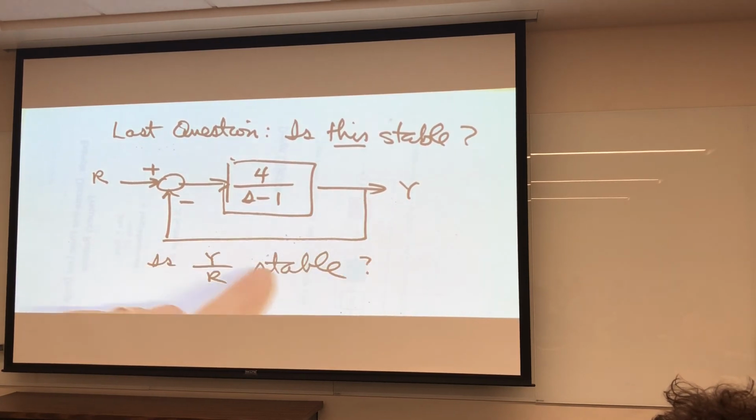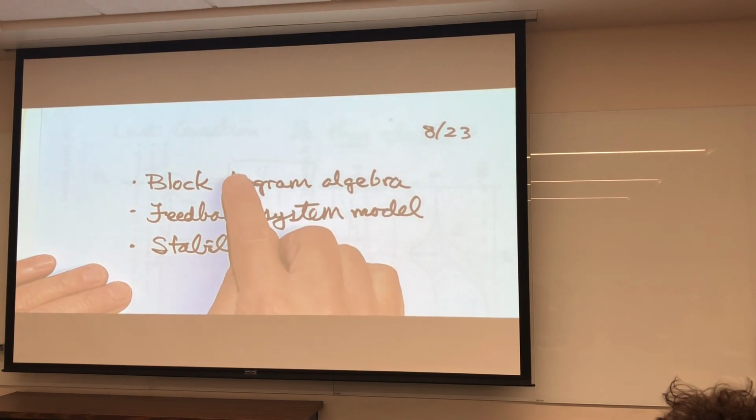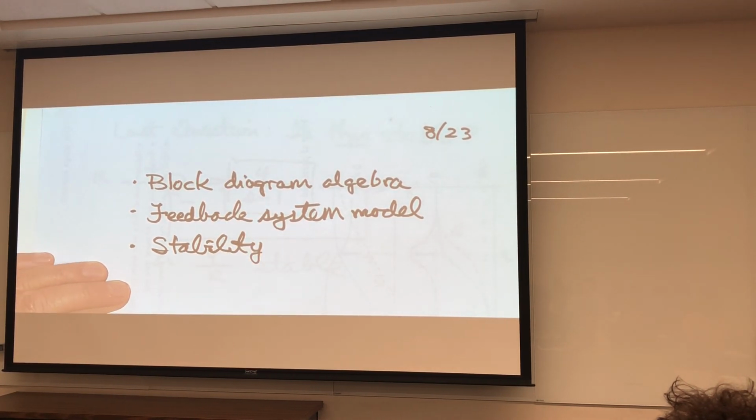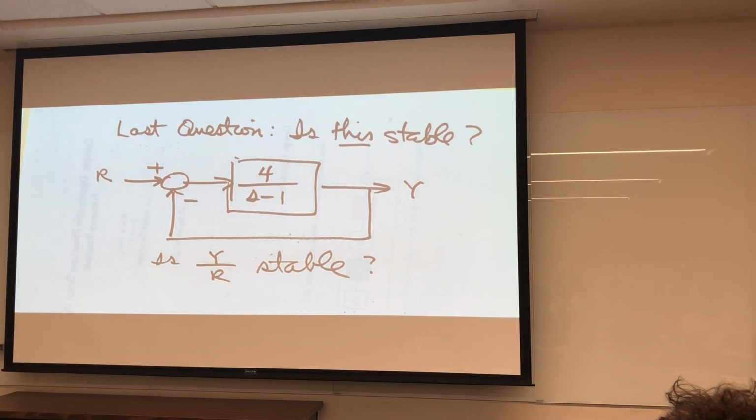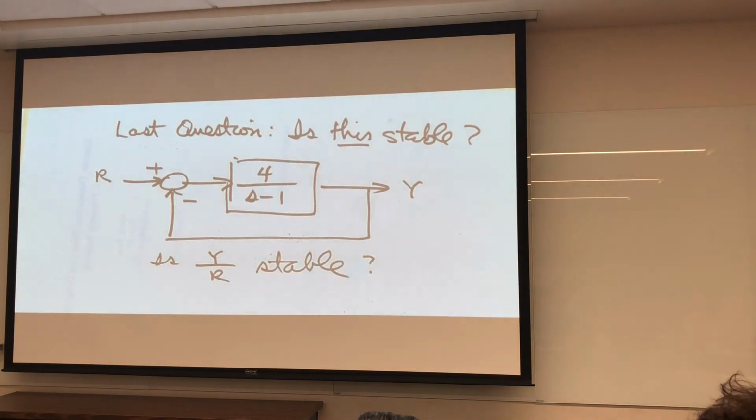Is this system stable? Is y over r stable? Take a moment to review these things and answer this question. This example is a little different than the previous four.